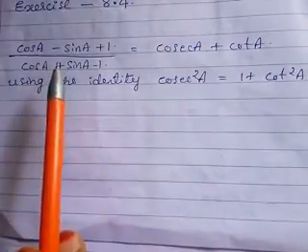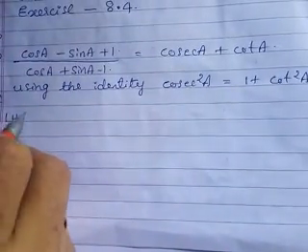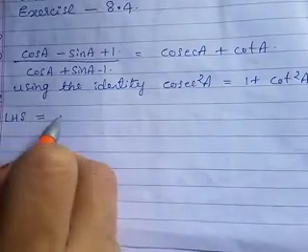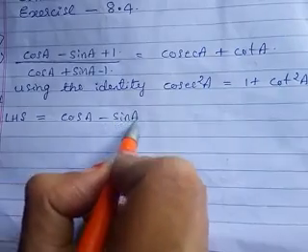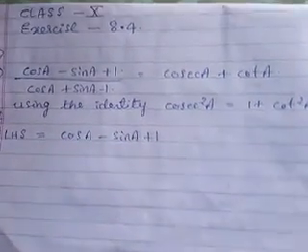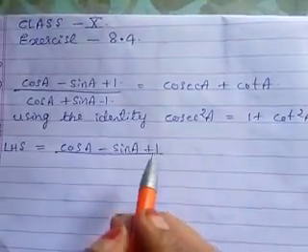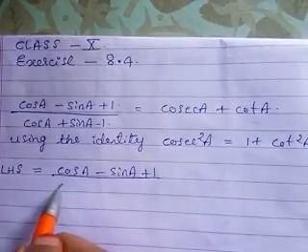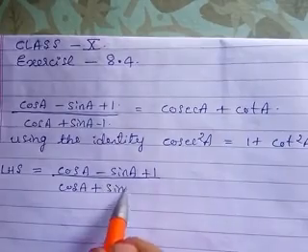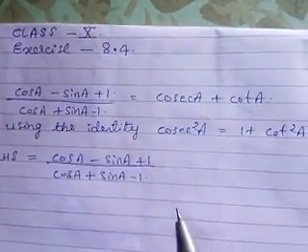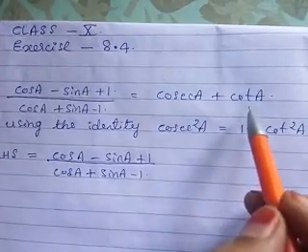Now let us start the proof with LHS. LHS equal to (cos A minus sin A plus 1) divided by (cos A plus sin A minus 1). Look at RHS.